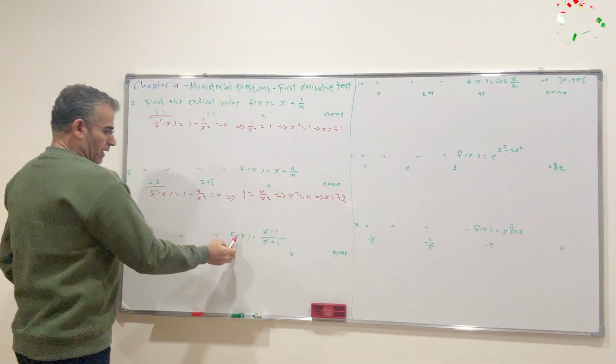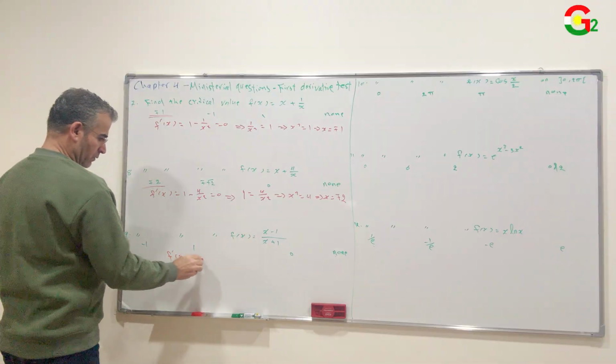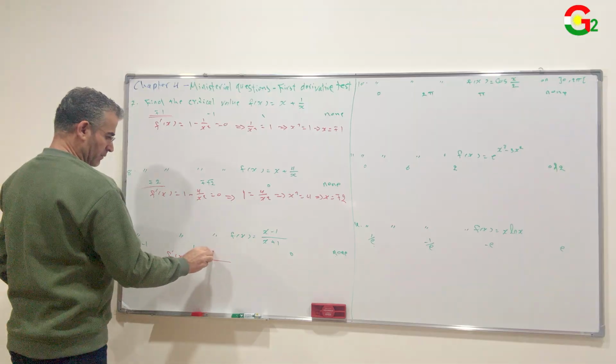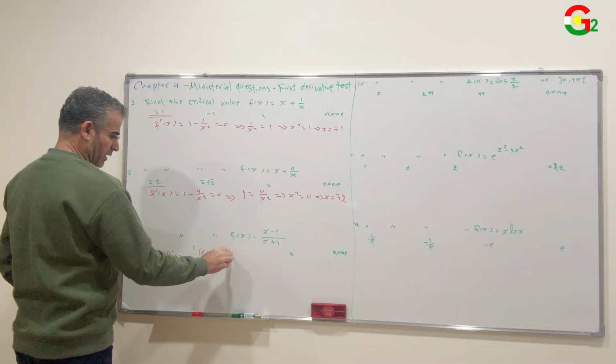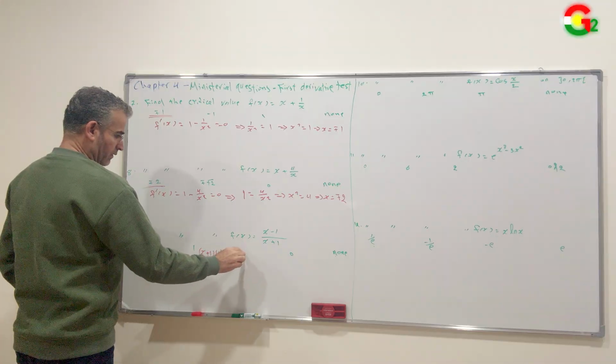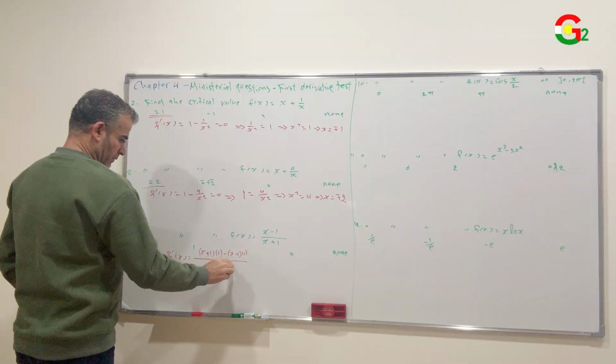Find the critical value of this function. F prime of x equals the denominator (x plus 1) times the derivative of the numerator, minus the numerator times the derivative of the denominator, over the denominator squared.